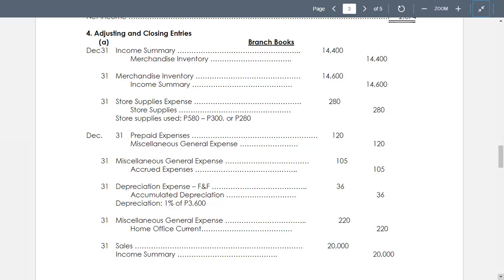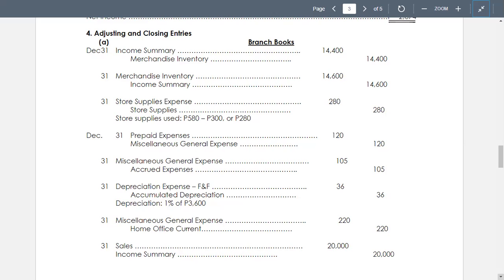Then also we have to record the merchandise inventory at the end of December. Given among your additional information, the ending inventory of the branch is 14,600. So we now debit merchandise inventory and credit income summary 14,600. Then for the store supplies expense, still on December 31, data here: store supplies on hand, home office 380 and branch 300.